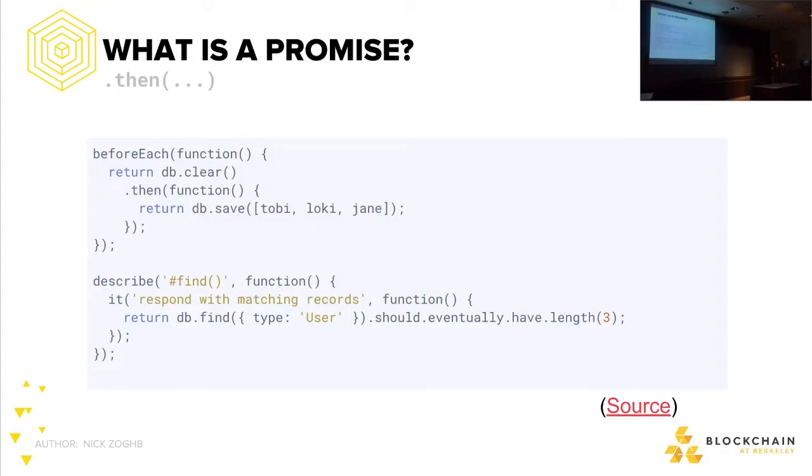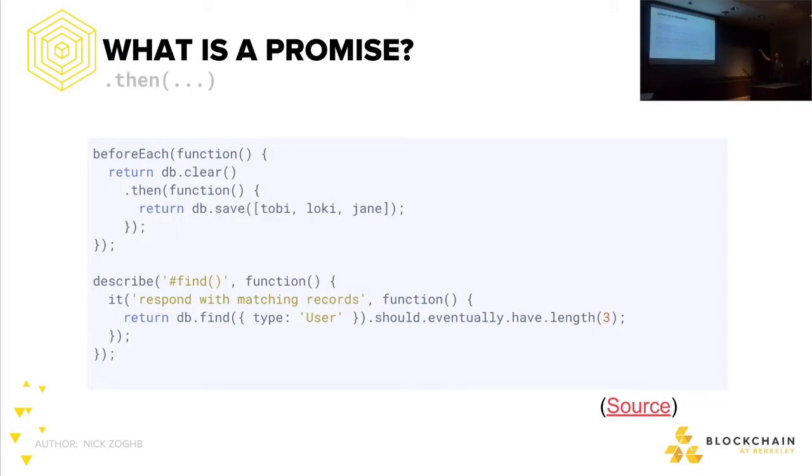Does this make sense? So before each, you would do a db clear, and then you would do whatever. So you would do the db.save Toby, Loki, Jane. Does this make sense?